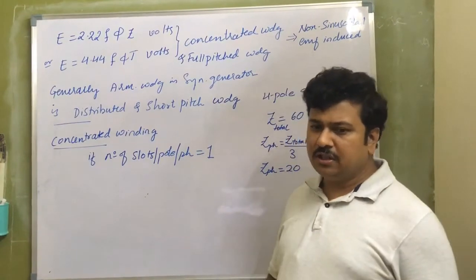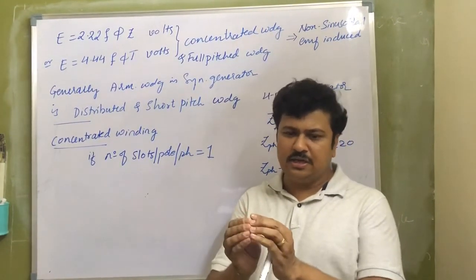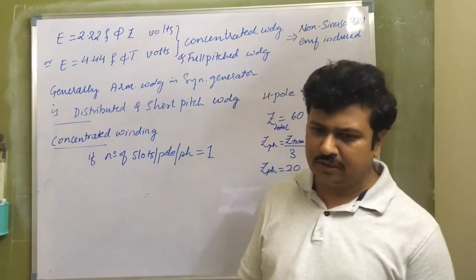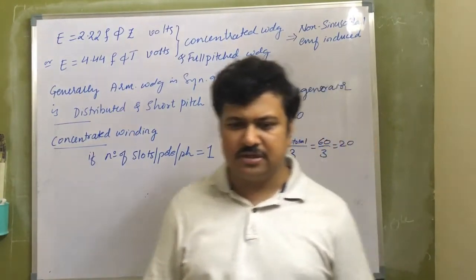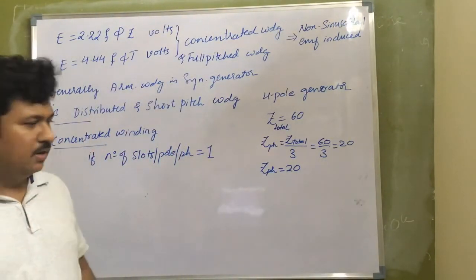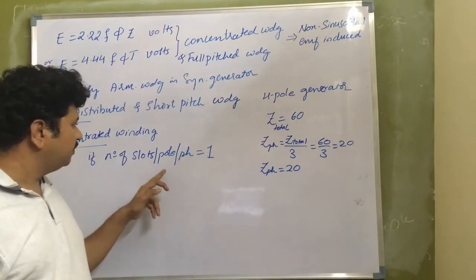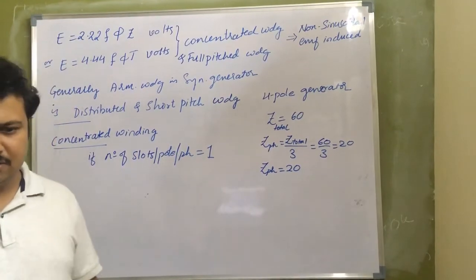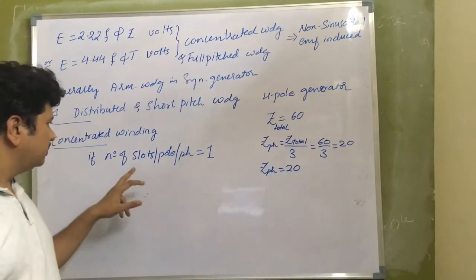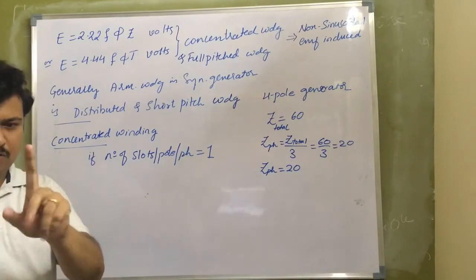It's not that I have 20 conductors and keep all of them in one slot of the stator. I don't do that, because each pole must carry an equal number of conductors per phase. So if slots per pole per phase equal 1, what does it mean? Under one pole, the slots for each phase is only 1.